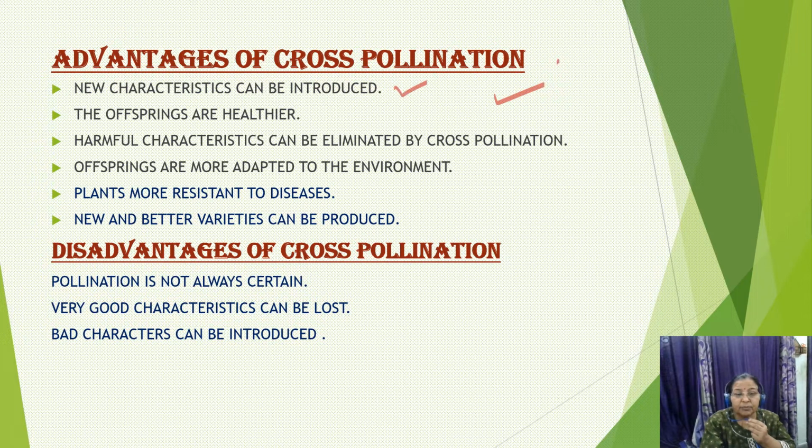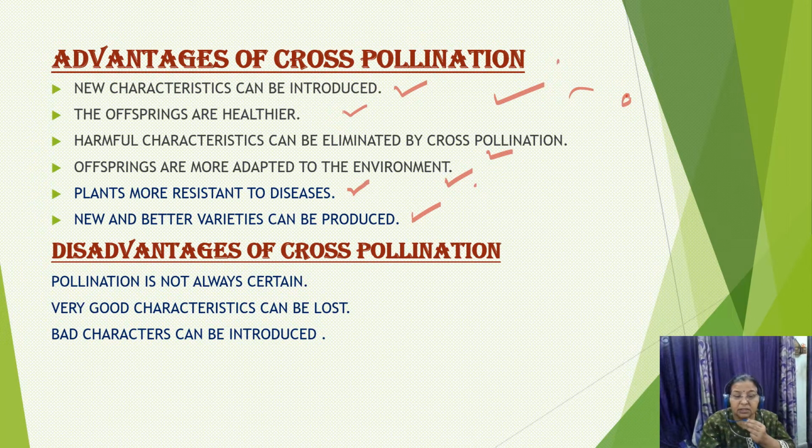New varieties are produced, the offspring are healthier, harmful characteristics are eliminated, and the offspring are more adapted to the environment. Cross pollination ensures that the pollen is from a different variety or different plant, so there will be new characteristics. They will be resistant to diseases, and better varieties will be produced. The example we have given is onion.